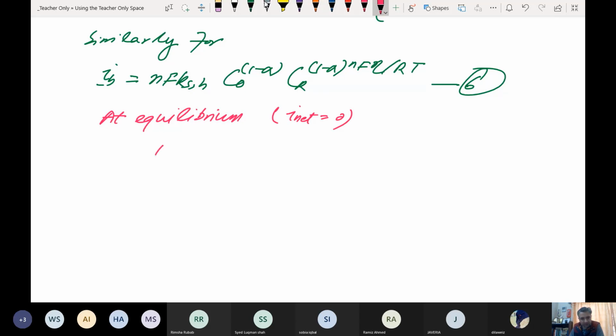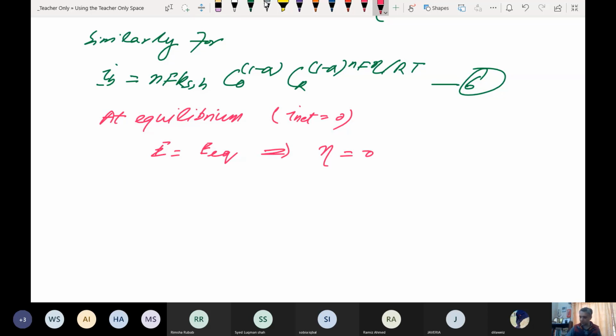Apart from that, we say that E is equal to E equilibrium. This implies that the overpotential will be equal to 0. Okay? So this is quite logical that the overpotential should be 0 at such a situation.